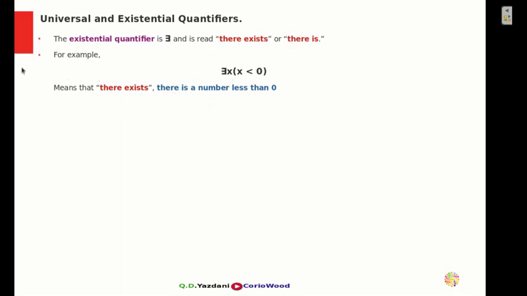If you see the other side of the E, that's not the normal E, and you put an x, and if x is greater than 0, then we say there is a number which is greater than 0, but in this case there is a number which is less than 0.